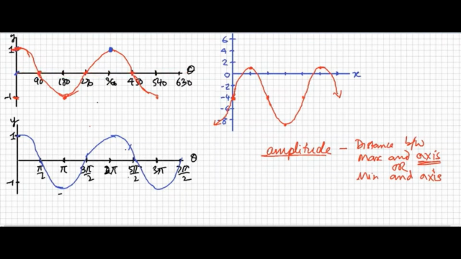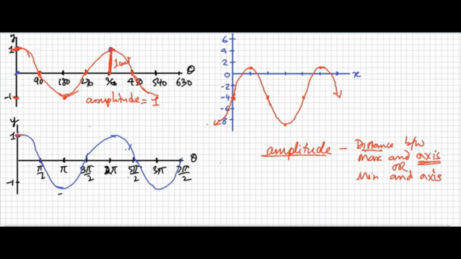Okay? So what is the distance between the maximum, this is maximum, right? We can't have more than this. The distance between the axis and maximum is 1 unit, right? So in this, amplitude is 1. This was in radians, so we can do the same thing.